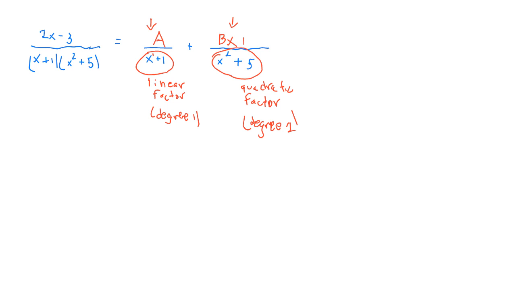Bx plus C. So Bx plus C is a linear expression. The B times x is not enough. We have to also add a plus C. We want it to be as general as possible. So that's an example of some things you're going to be seeing next week.